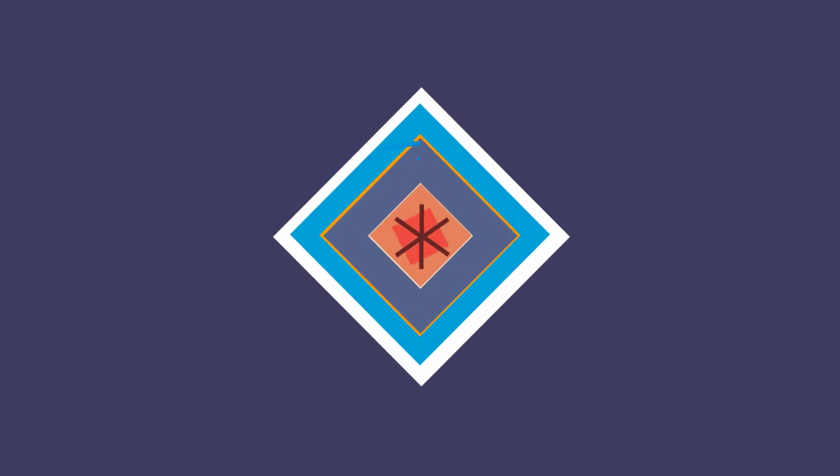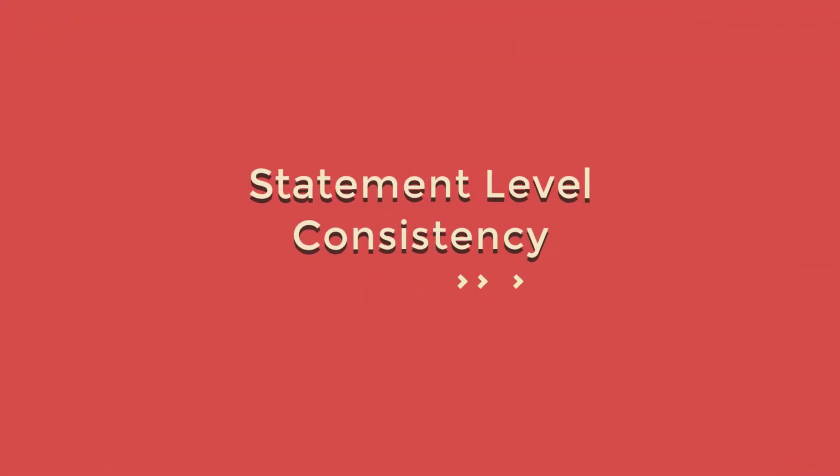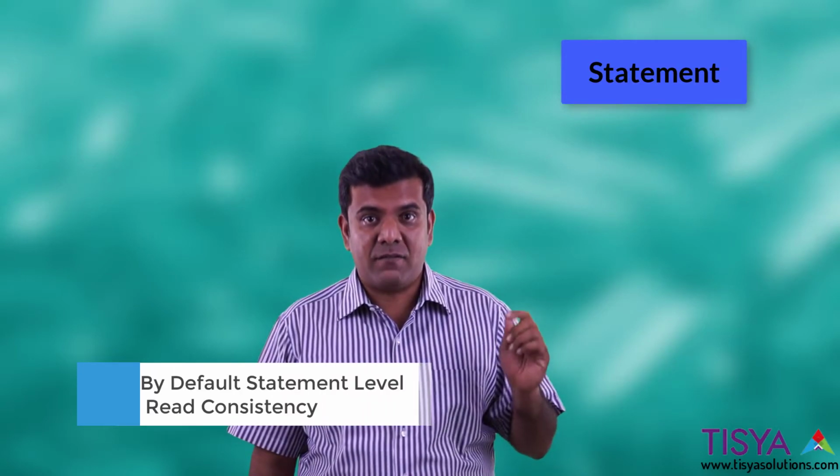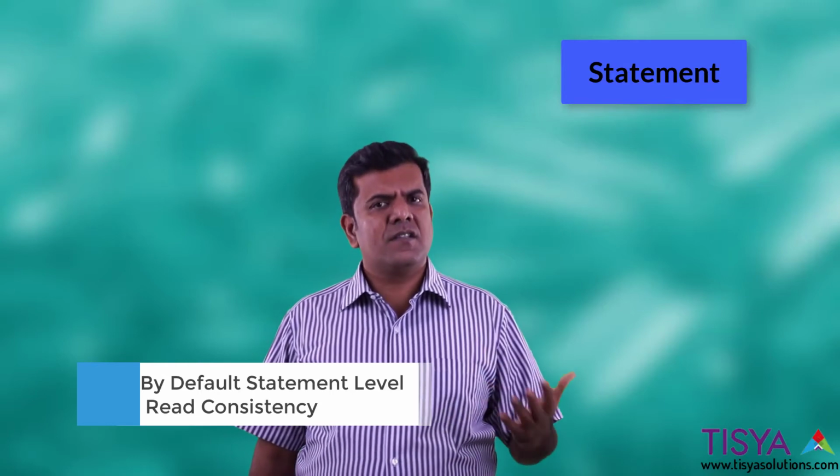Let's first see how Oracle behaves with statements. By default, the behavior is that you always get statement level read consistency. Now, what is the meaning of statement level read consistency?